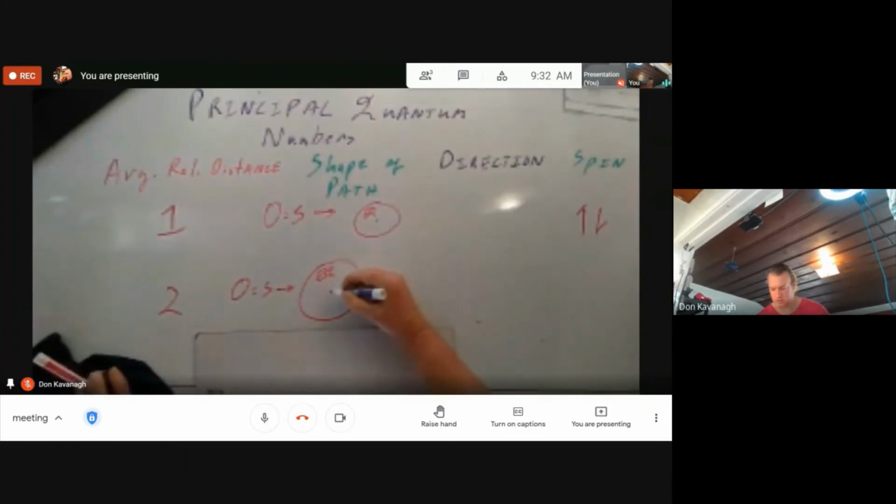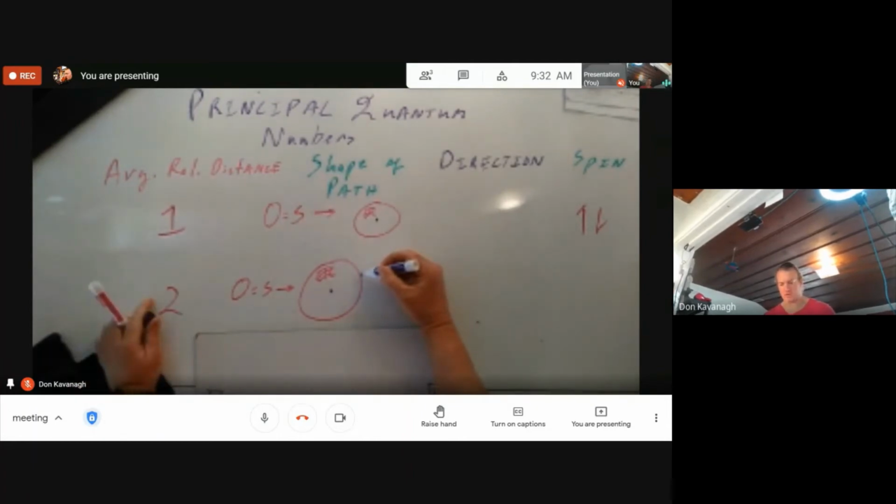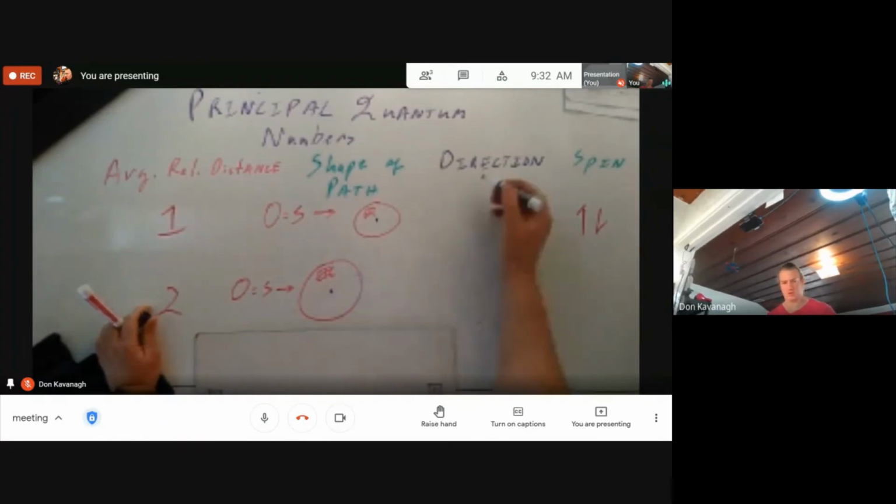Here is the nucleus in the middle of the 2s orbital. To make my picture accurate, this must be a larger orbital because it is a farther average relative distance from the nucleus. This s orbital has no direction to it.